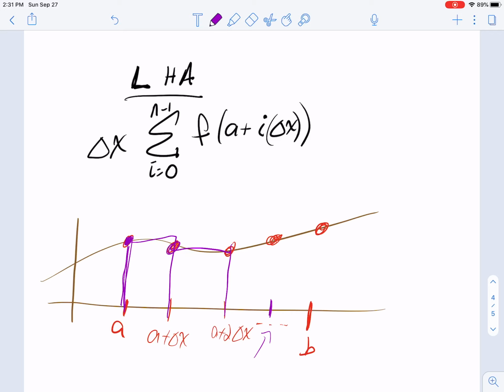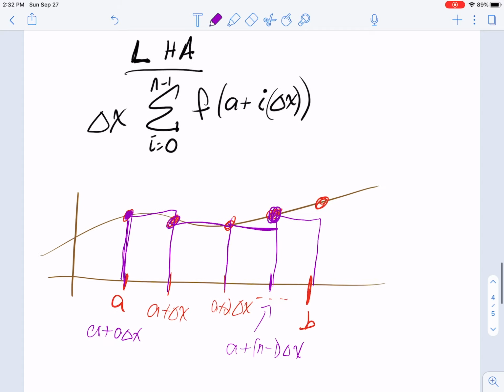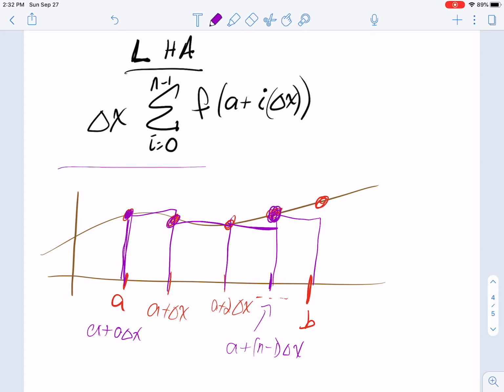The first guy is a plus 0 delta x, so this last guy is a plus n minus 1 delta x. This is the height of the last rectangle we get by plugging this into f of x. All right, so here's our left-hand approximation. That's the sum. This gives us every left-hand approximation ever.